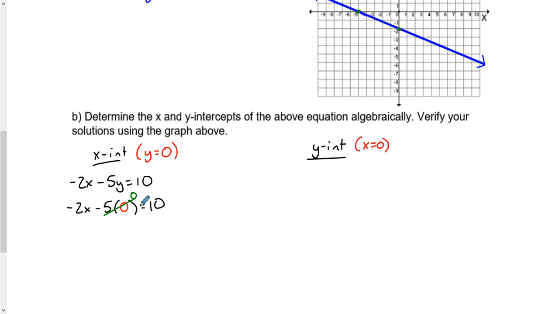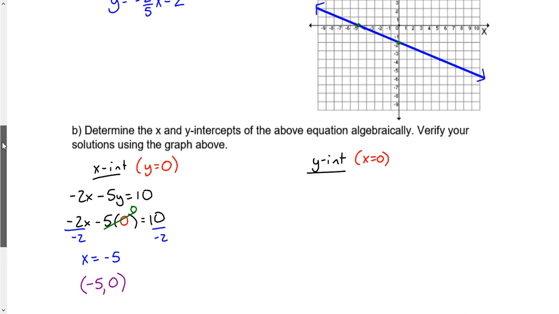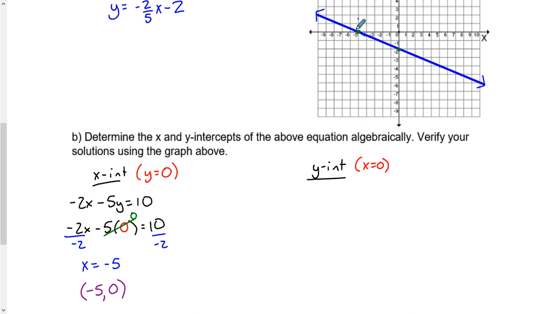So the short method is to divide by -2, meaning when our y equals 0, our x equals -5. As a coordinate, it's -5, 0, and that's exactly what's shown here. Our x-intercept is -5, 0.